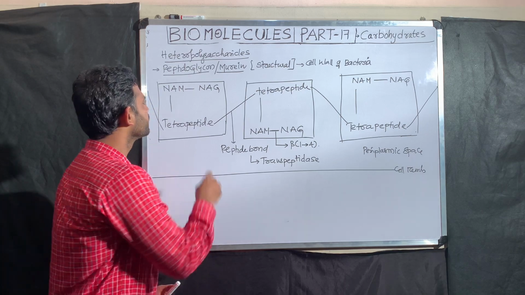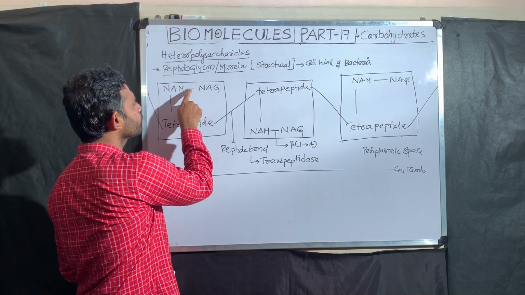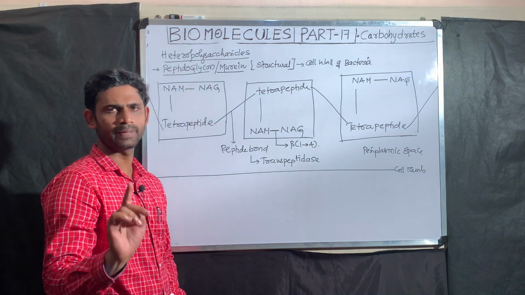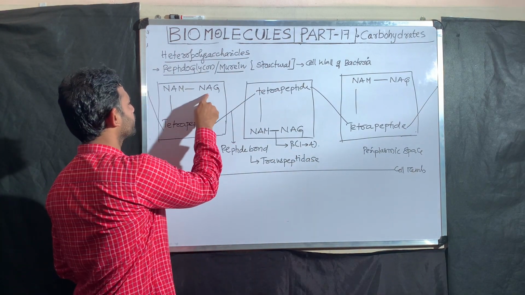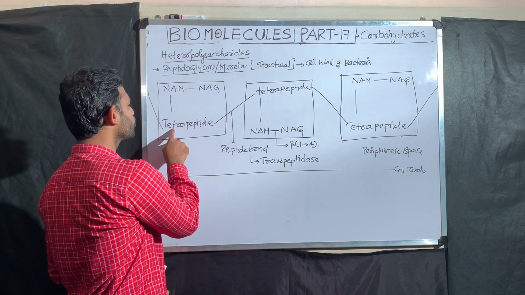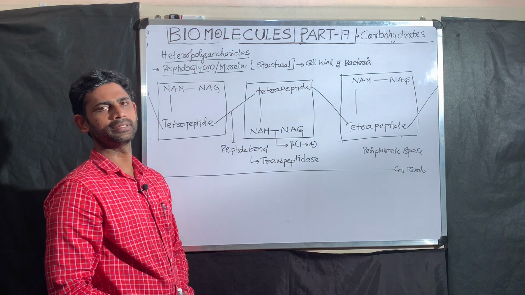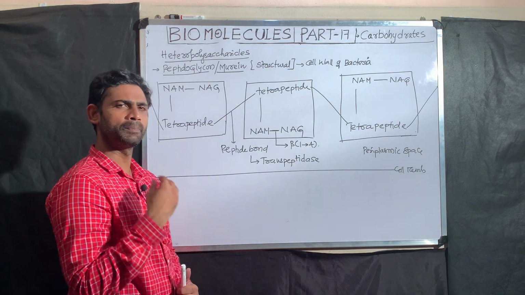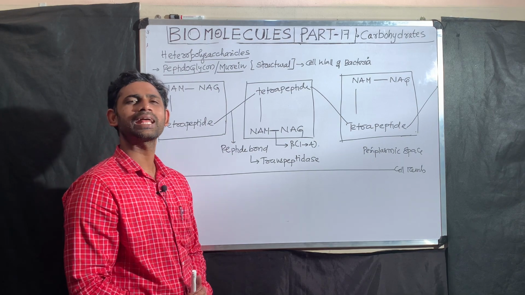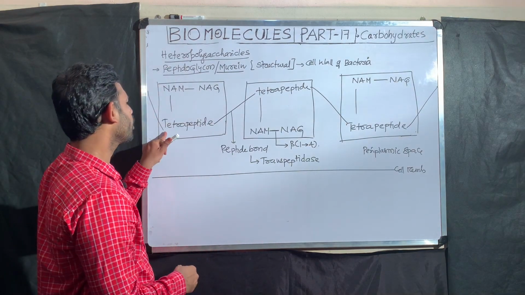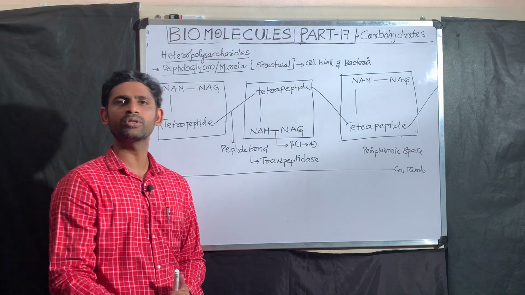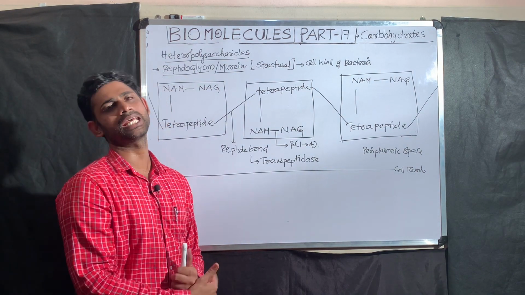This NAM and NAG are linked by a beta 1 to 4 glycosidic bond. Remember, along with that, NAM is associated with 4 amino acids, together called a tetrapeptide. I said the most common amino acids are L amino acids, but here, along with L amino acids, the tetrapeptide also contains D amino acids. That's a very rare aspect.